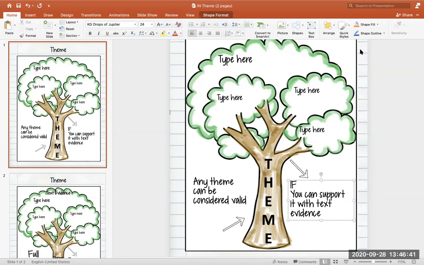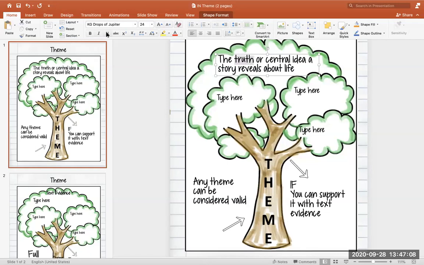The theme or central idea a story reveals about life. And then the most important part of that is the truth or central idea.